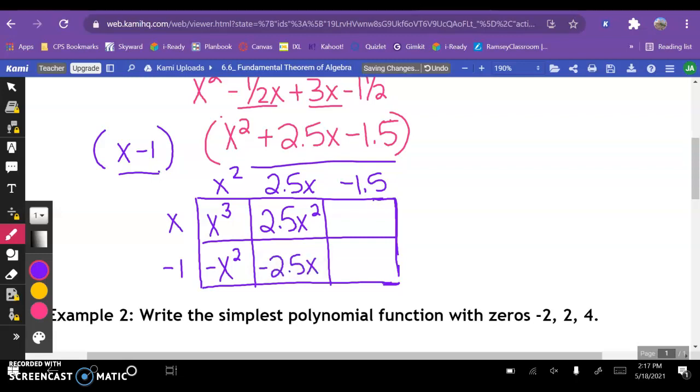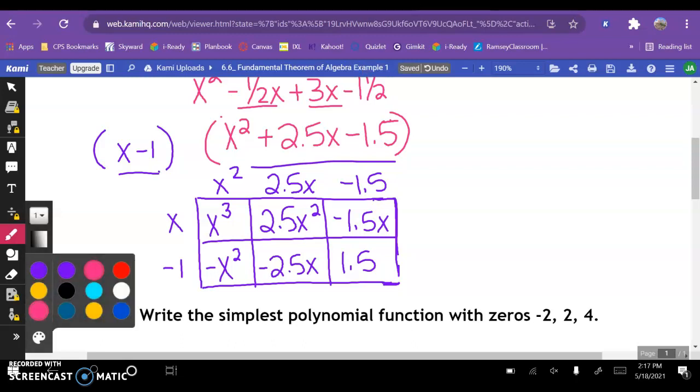Then at the top, we'd have -1.5 times x, so that would be -1.5x. And then at the bottom, we'd have -1 times -1.5. That would leave us with a +1.5. Now we can put like terms together, and if we look almost on an angle, the like terms match up for us. So x cubed is the only one with a cube.